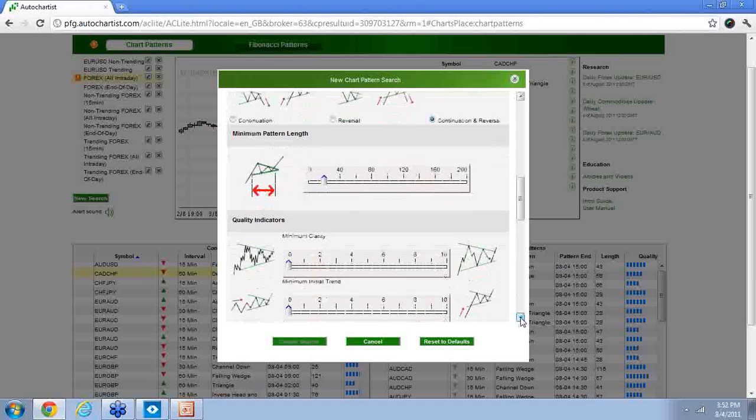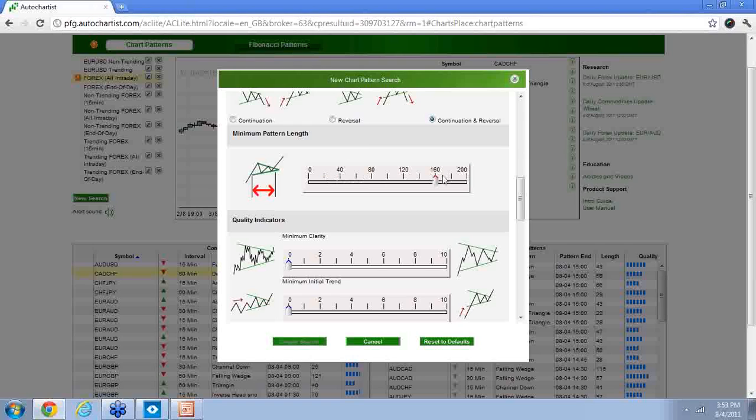Okay, now we also have a filter here called the minimum pattern length. Okay, some theorists believe that the longer the market is in a pattern, the stronger the particular breakout is going to be. So others believe that they want to be more active, so they set the pattern at a smaller minimum length.